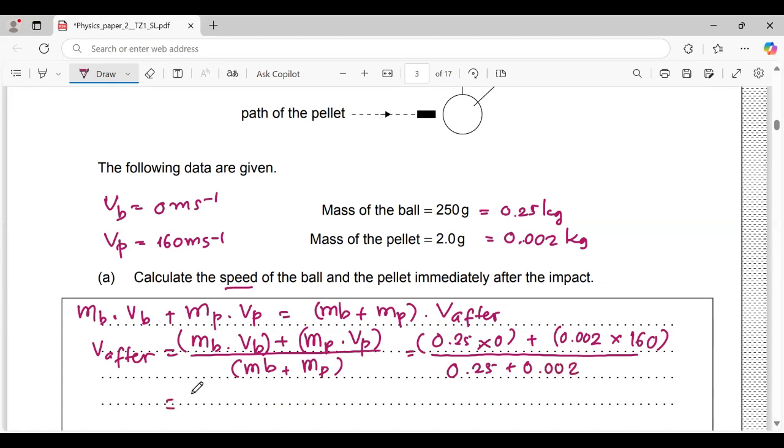And if you calculate, it is 0 plus 0.32 over 0.252, and it equals 1.27 meters per second, or rounded 1.3 meters per second, one decimal place.